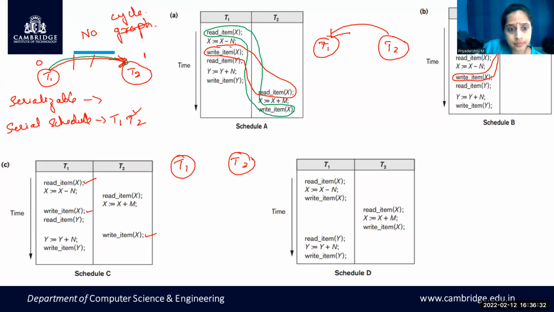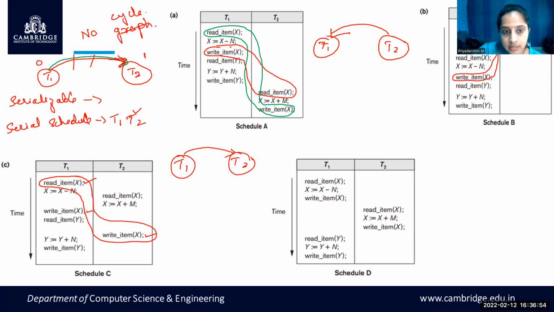Both are the same. Always go from the operation of the starting transaction, otherwise you will get confused when it is a very big schedule. So from read I have got write, that is from T1 to T2. T1 to T2, one I got. Now what is the immediate next one?